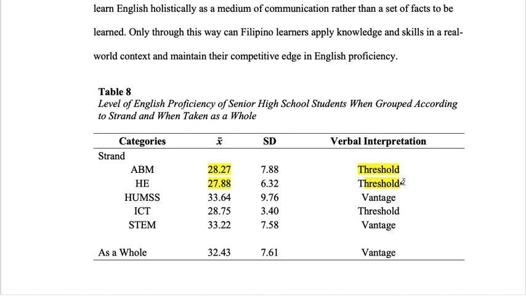The verbal interpretation will be provided on the scale of interpretation for your data. Meaning, you are to interpret based on the scale of interpretation. So, you are to provide in your tables the categories, the means, and the verbal interpretation. It's a plus if you can provide the standard deviation as well.